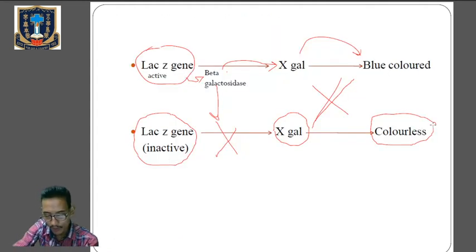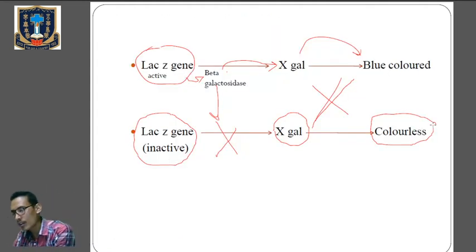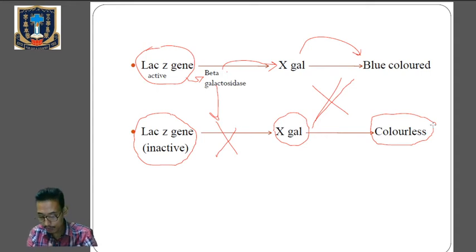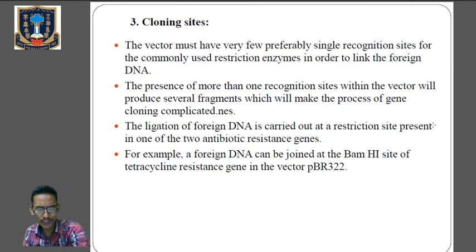Non-recombinant DNA will produce the blue colored colony, but the recombinant one will produce the colorless or white colored colony. Clear? Okay. So now we go to the next feature of a cloning vector, that is cloning sites.